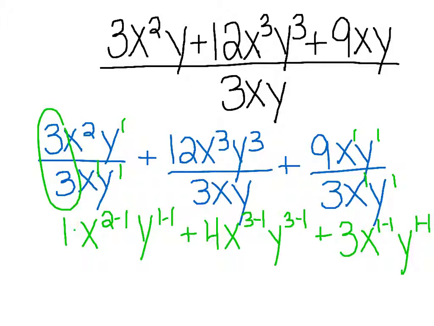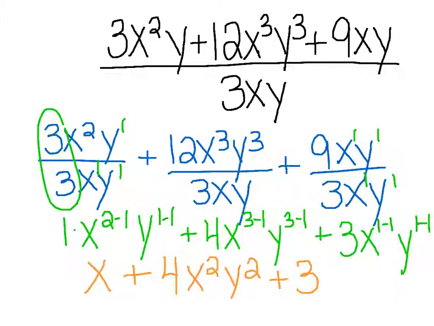Now when we simplify that, and some of you will have seen this more immediately, we have x, because 1 minus 1 for y to the 0th is 1, they cancel out, plus 4x squared y squared, because 3 minus 1 is 2, plus 3, then we have x to the 1 minus 1, which is 0, so 3 times 1 times 1, which is 3. And this is our final answer.